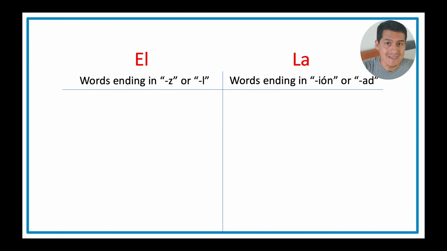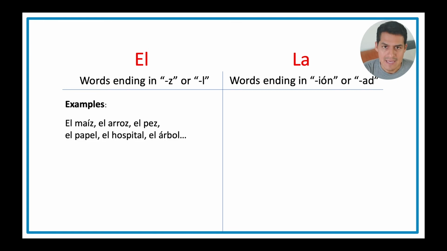Now for words ending in Z or L, these will generally be masculine. For example, maíz, it will be el maíz, el arroz, el pez, el papel, el hospital, el árbol.